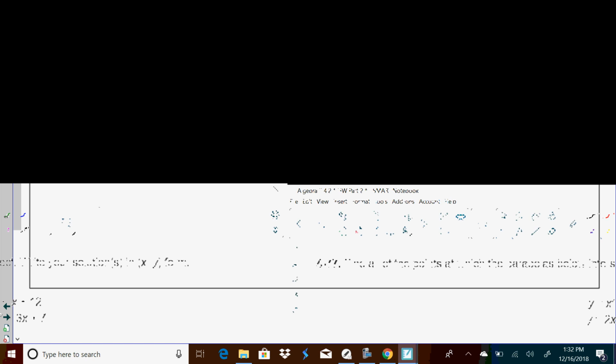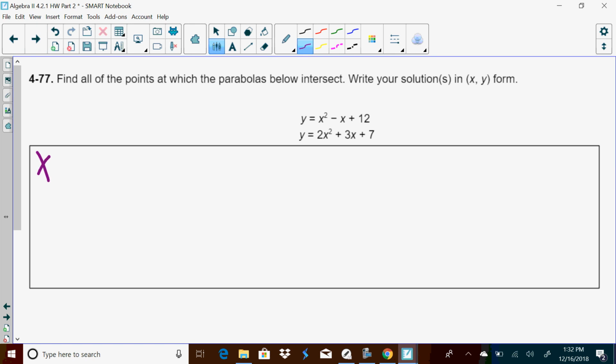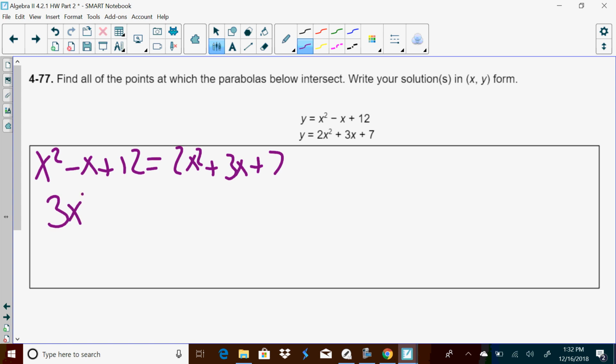Find all the points at which the parabolas intersect, and write your solution. So you could have graphed this, or we could solve it algebraically, because we could do x squared minus x plus 12 equals 2x squared plus 3x plus 7. So that gives me 3x squared. Nope, does not.